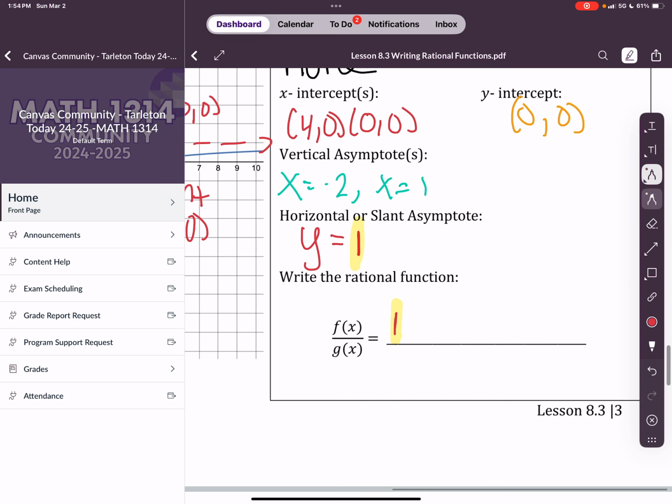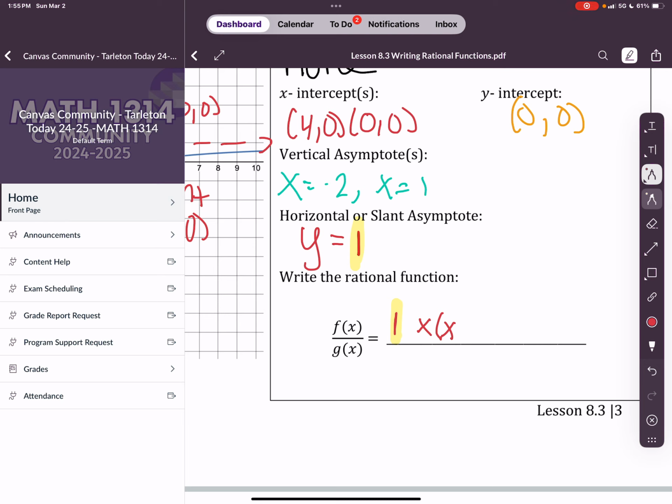As a reminder, one of our x-intercepts is 0, so I would write that as x plus 0. That's how I normally write my x-intercepts, x plus the number. But does plus 0 change anything? No, plus 0 doesn't change anything. So I'm just going to leave this part as x. Then my next x-intercept was positive 4.